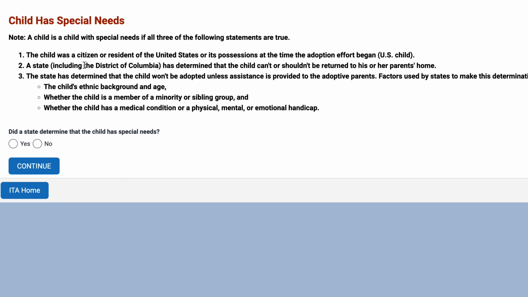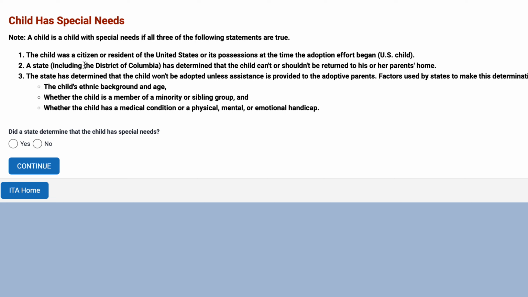A child with special needs, for this instance, meets 3 conditions. First, they were a citizen or a resident of the United States or its possessions when the adoption effort began. Second, a state, to include the District of Columbia, has made a determination that the child cannot or should not be returned to his or her parents' home.